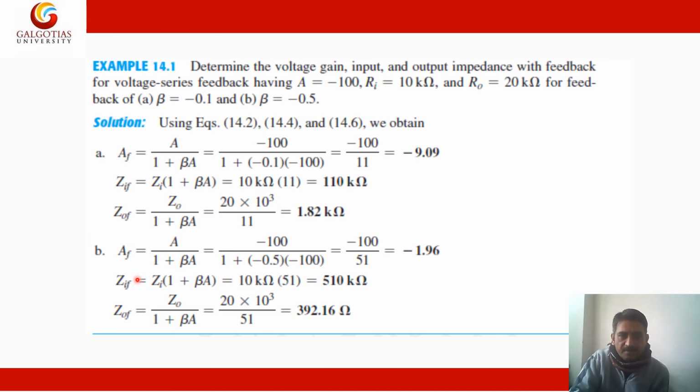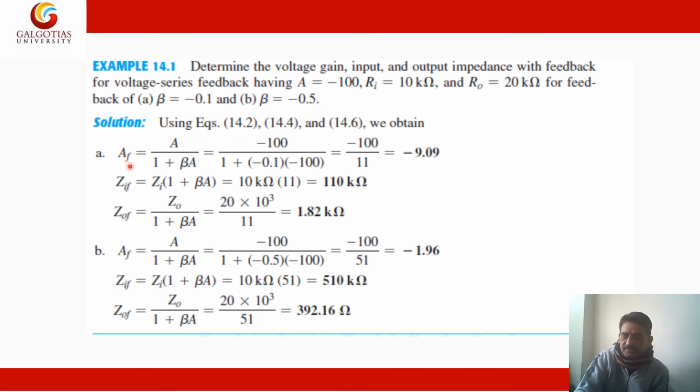So here is an example. Determine the voltage gain, input and output impedance with feedback for voltage series, having open loop gain A equal to minus 100, input impedance 10 kilo ohm, and R is 20 kilo ohm, for beta equal to minus 0.1 and beta equal to minus 0.5.